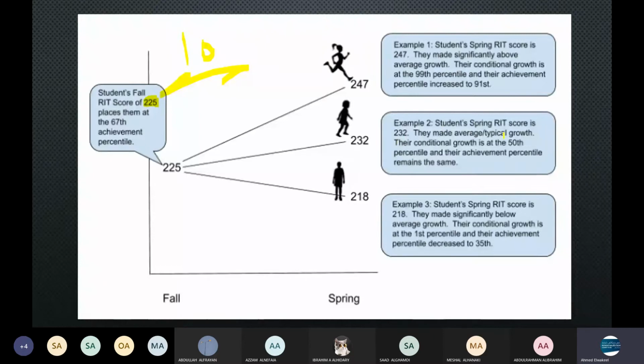They made an average, typical growth, so their conditional growth is right now the 50th. And for example number three, the RIT score is 280, so they are below average. So that's what we need from our students. All of them, we need them to become above average, not average or even below average.